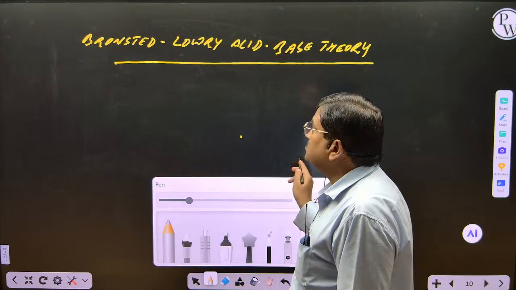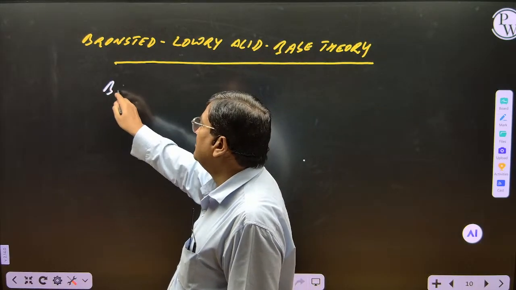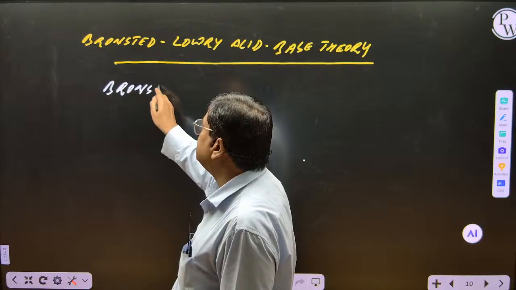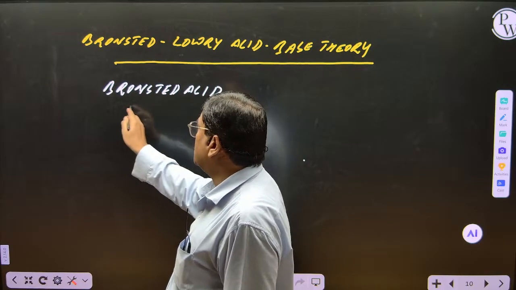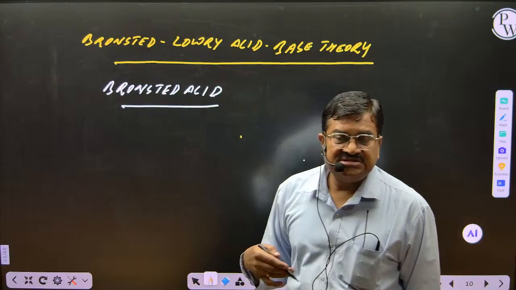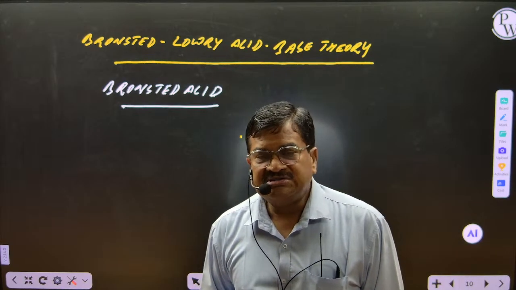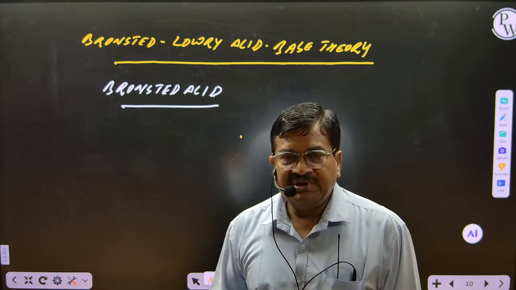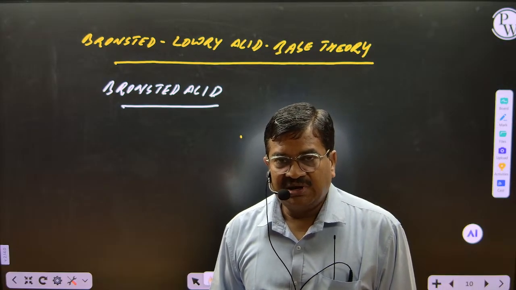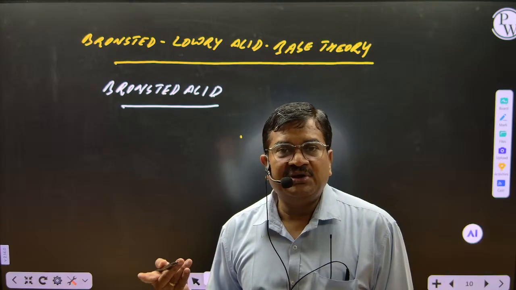Let us take Bronsted acid. In simple one word, what do we say for Bronsted acid? Bronsted acid is nothing but substances that donate proton, or in one word, proton donor. In the previous Arrhenius acid it was the same thing, but there we took water and hydronium ion.